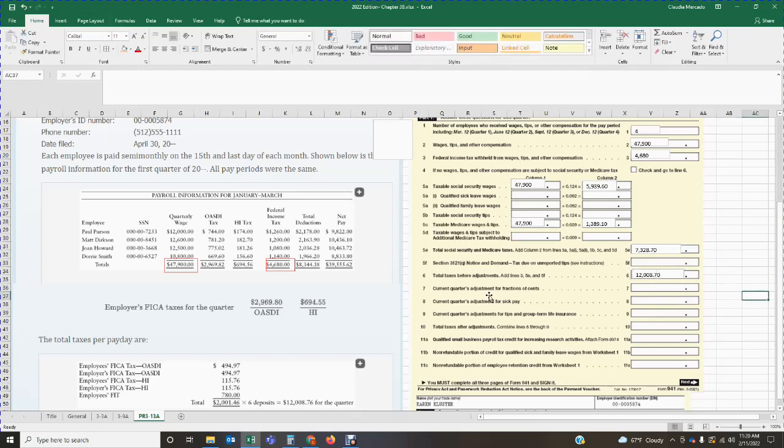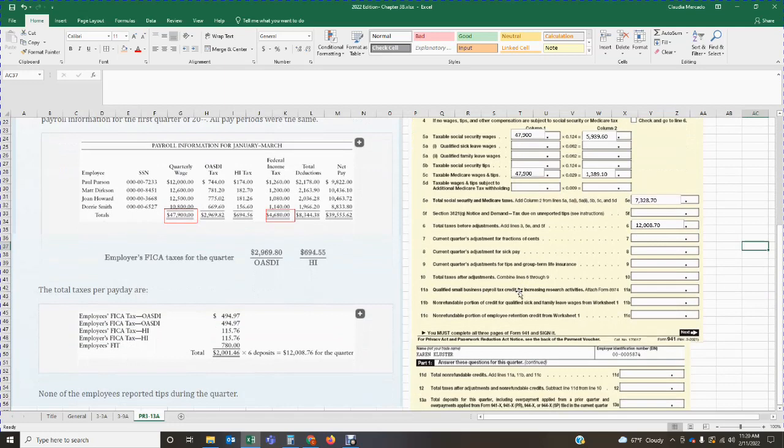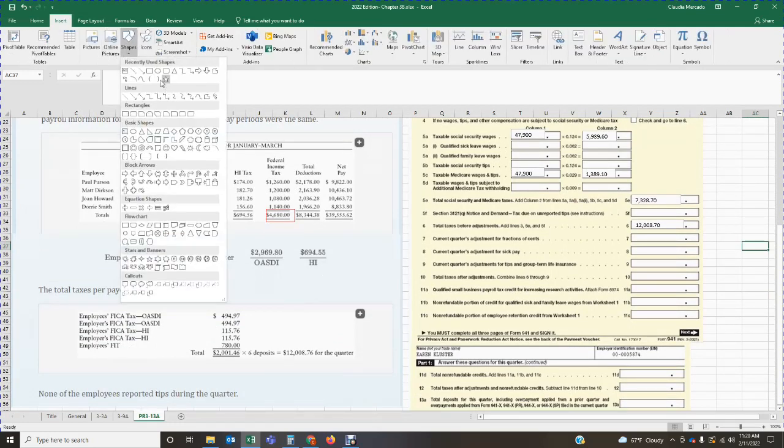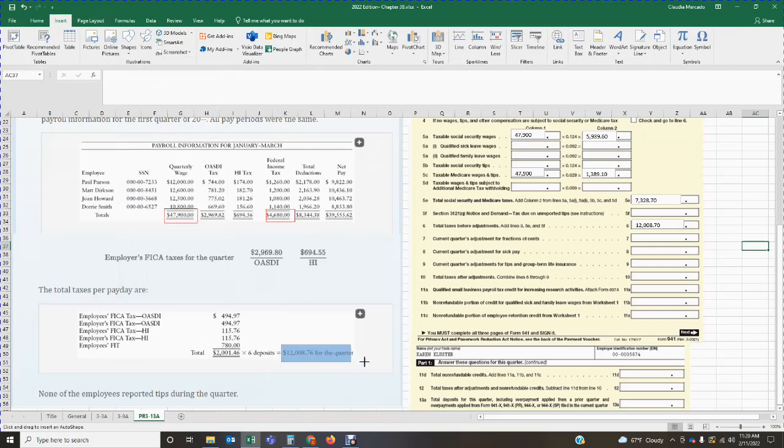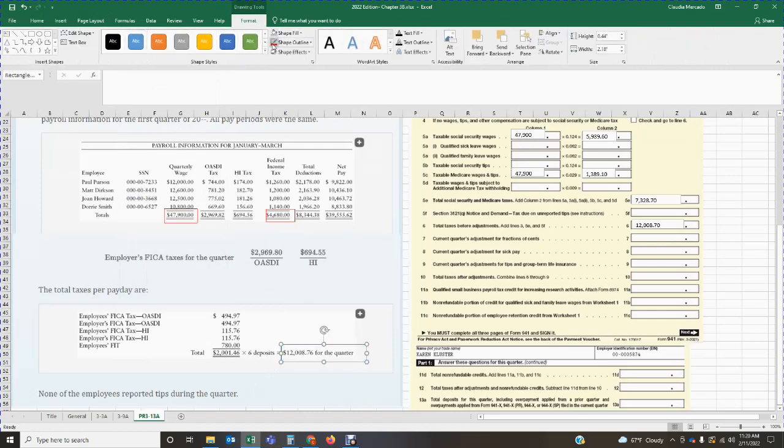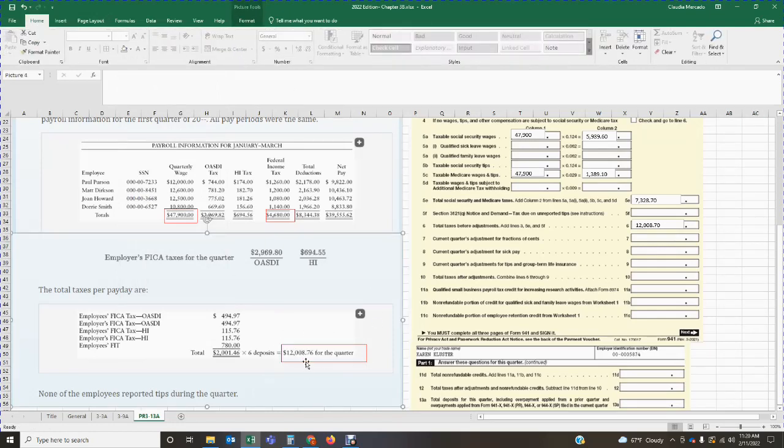Okay. So now, current quarter's adjustment for fractions of cents. A lot of times students miss this, okay? So according to our calculation, our total taxes before adjustments is $12,008.70. Now, for the current quarter's adjustments for fractions of cents, we're going to look at how much we actually paid in taxes. Okay? According to the problem right here, we paid $12,008.76.